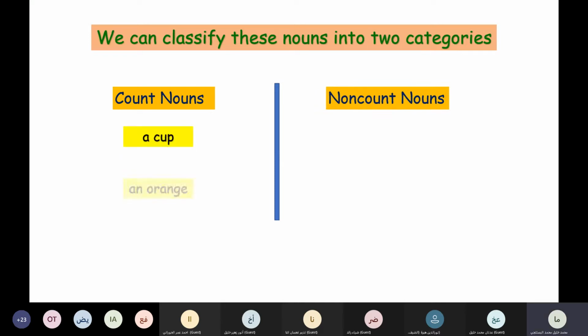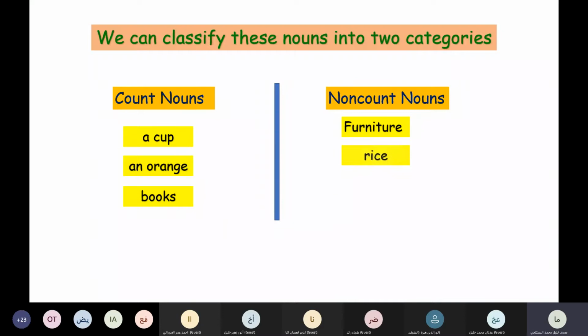Like a cup, an apple, or an orange. Books. About the non-count nouns, like furniture. Furniture is a non-count noun. Rice, sugar, water.